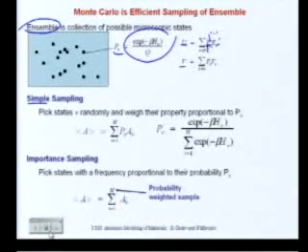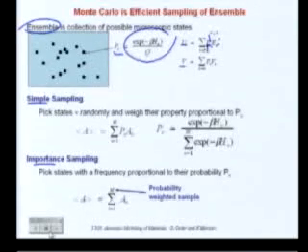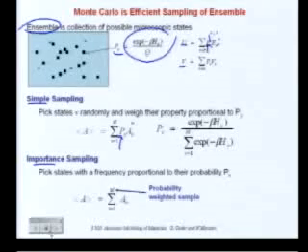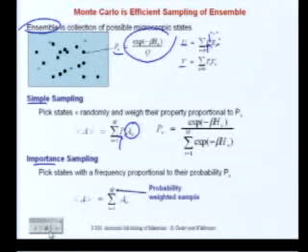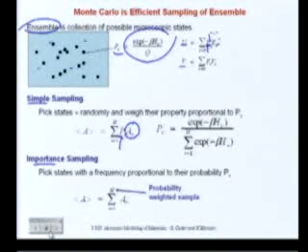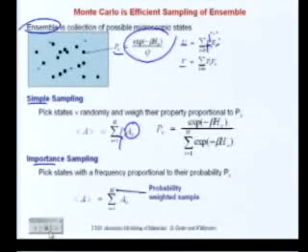We distinguish 2 types of sampling, and I'll come back to this later to show you intermediates. Simple sampling, where you would randomly pick in the ensemble and then weigh the property. Let's say that A is the property you're trying to average. Weigh that property with the correct probability. Okay? And I've shown you why in many cases, in systems with a large number of degrees of freedom, simple sampling will not work.